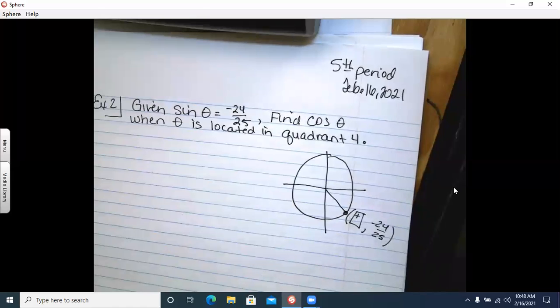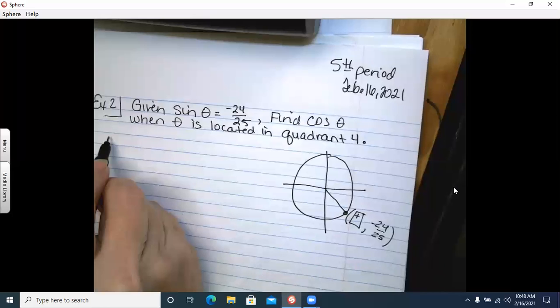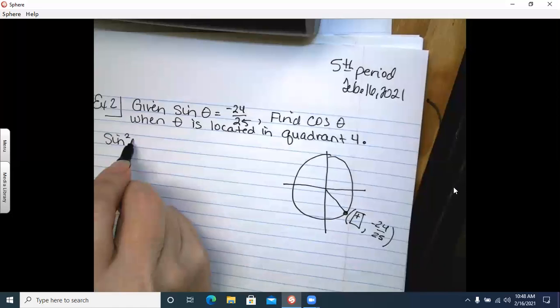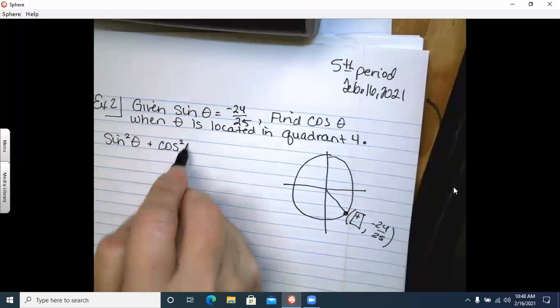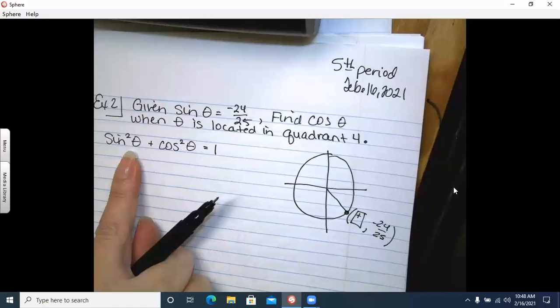All right, so they've given us sine. We have to find cosine. We can use the Pythagorean identity for that, which is sine squared of theta plus cosine squared of theta equals 1. On the last one, I think I wrote cosine squared of theta plus sine squared of theta.